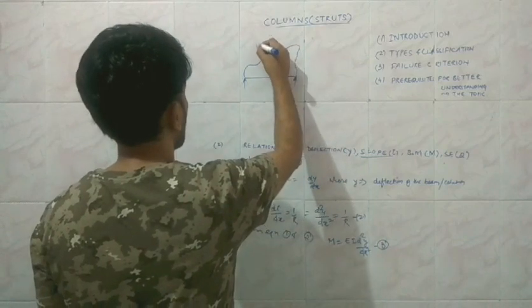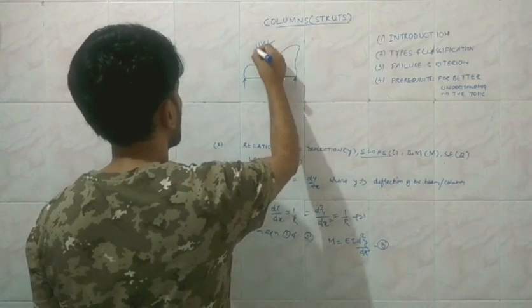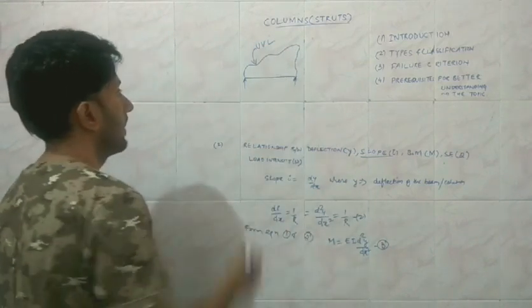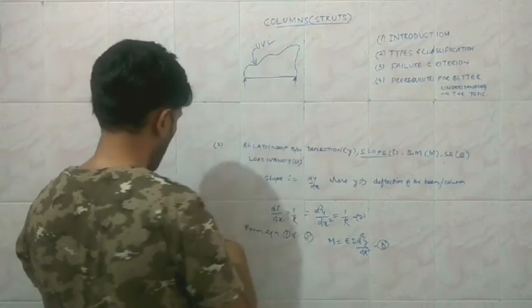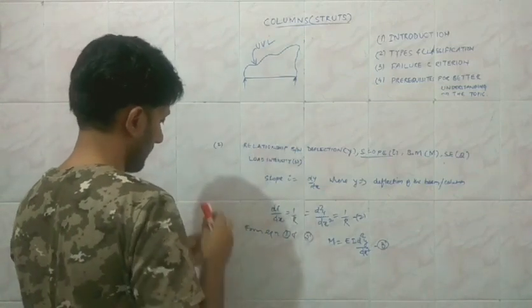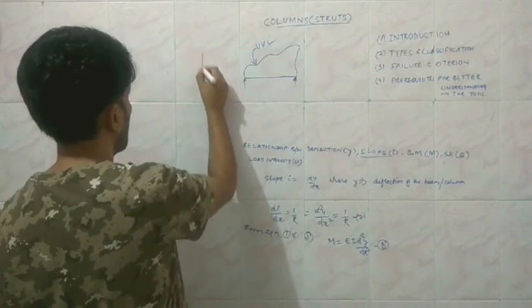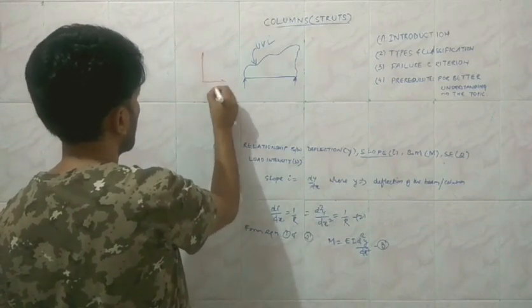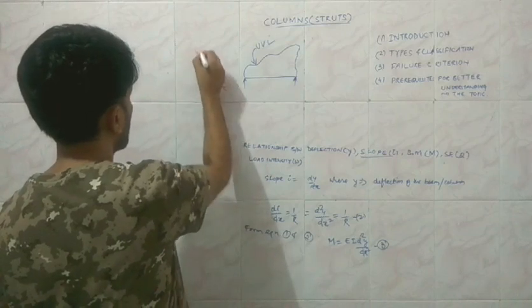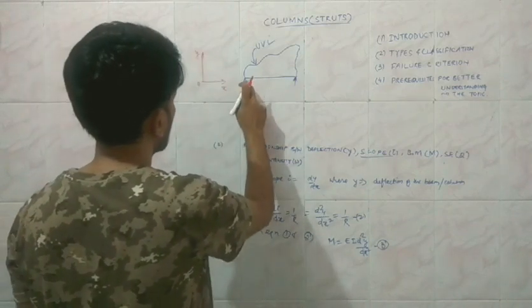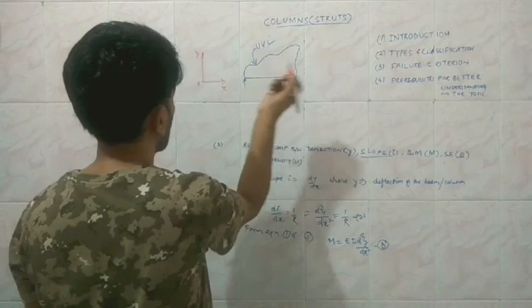Say this is your uniformly varying load, UVL, and we are considering only a small differential portion of this beam, and the axis coordinate system we are choosing is this x, and this one is going to be y, and the origin is going to be over here.